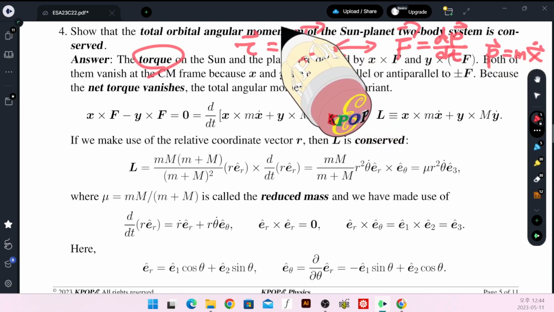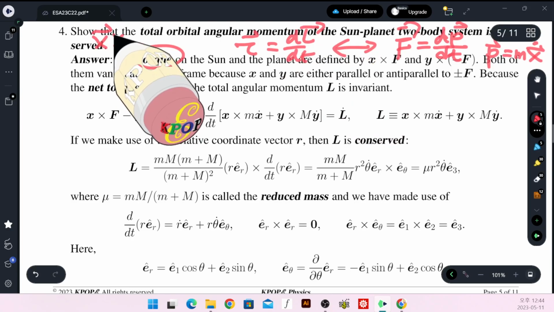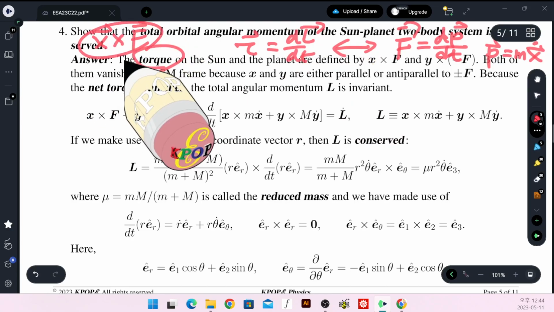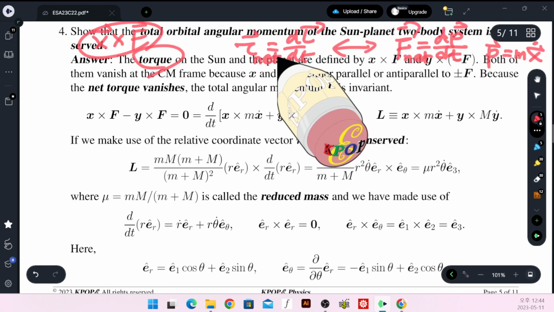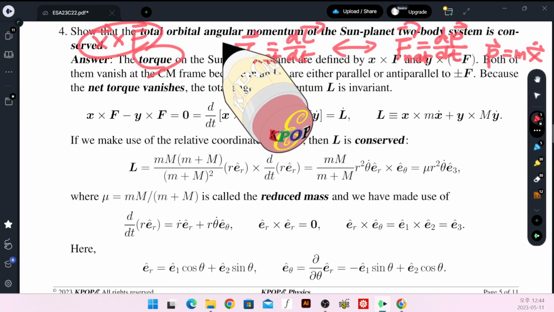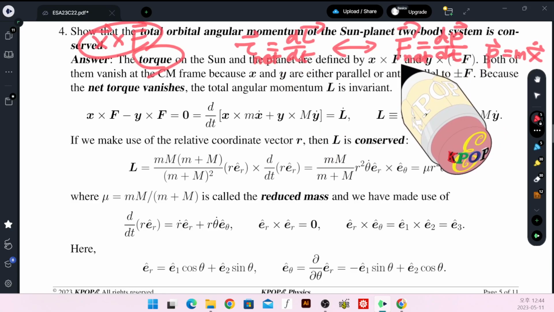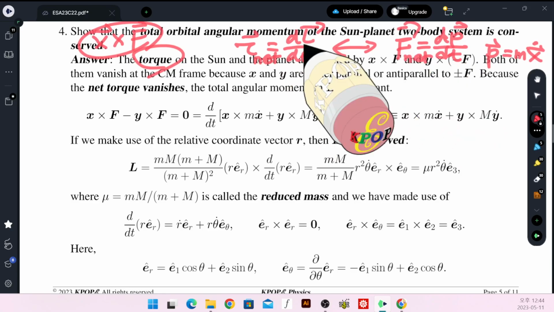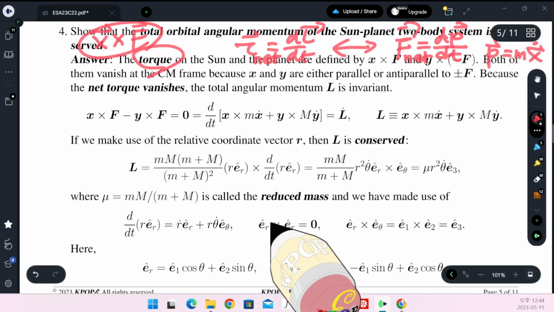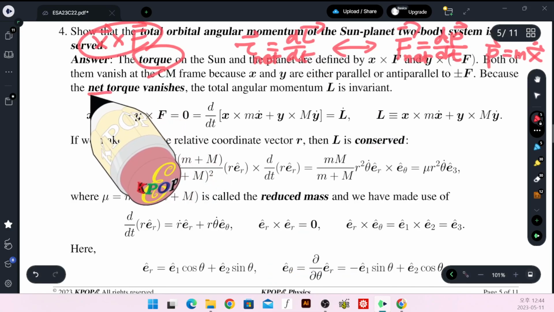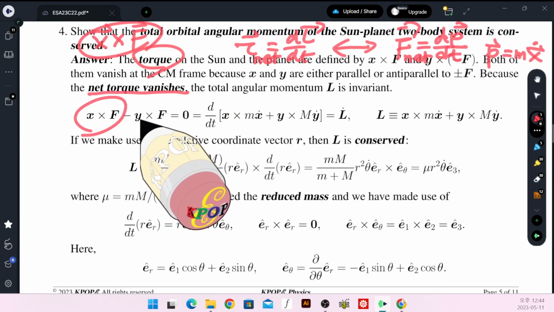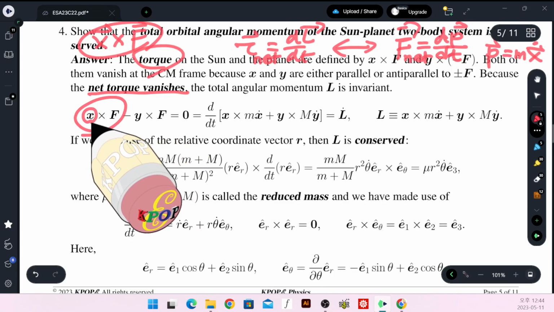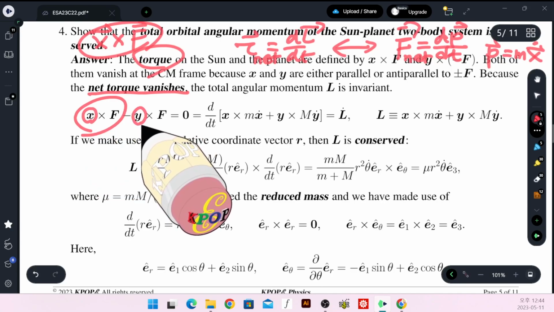Here, orbital angular momentum is the position vector cross product with linear momentum. And here, both of them are net: the algebraic sum of all of the torques, and all of the forces applied to a single object or system of particles. All right, so we'd like to compute the net torque, x cross F, and this is the Earth, and this is the position vector of the Sun.